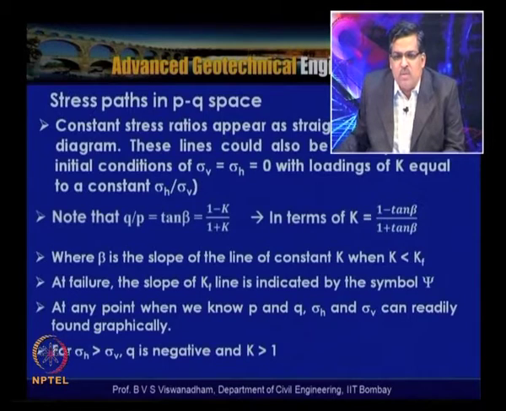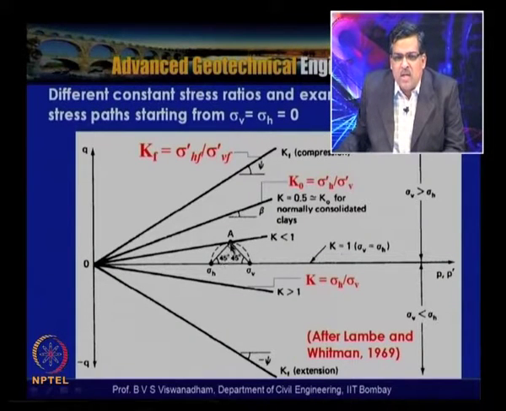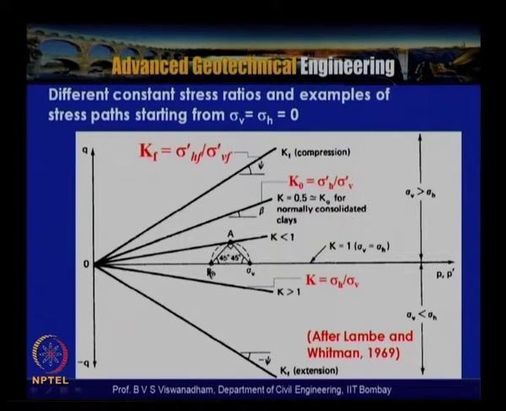That means once we know p and q at a point, by drawing 45 degree lines from here and here, we can find out sigma h and sigma v.